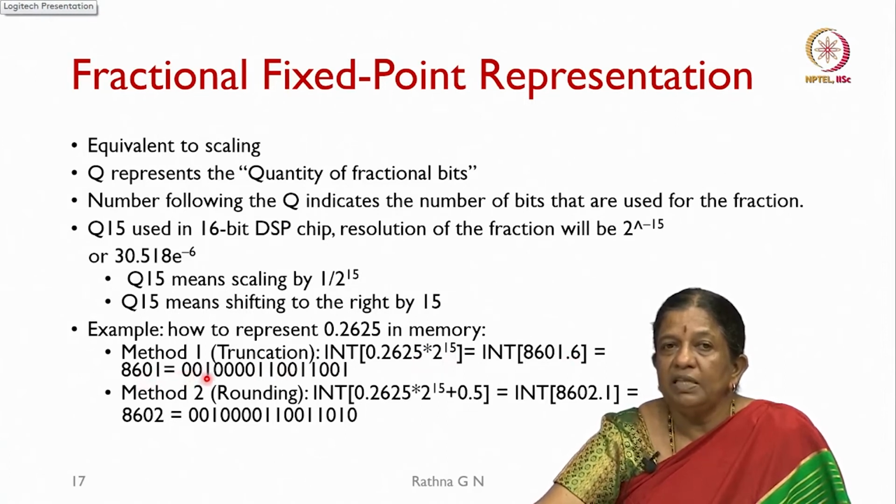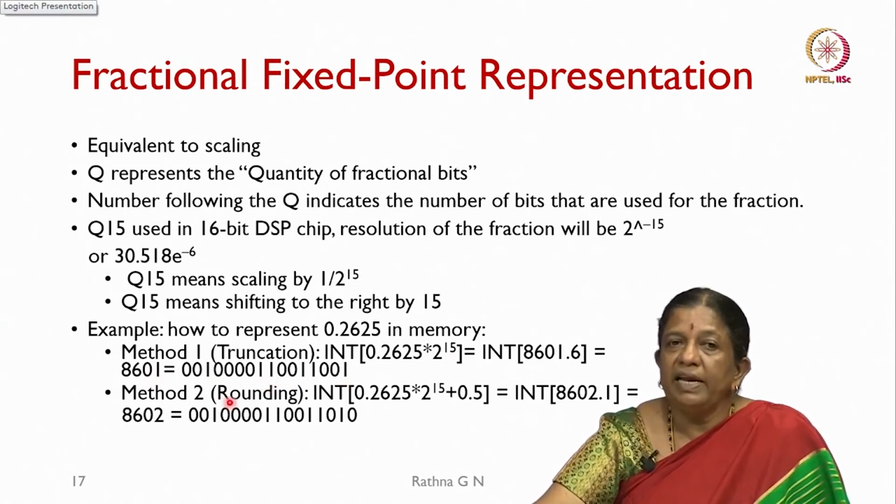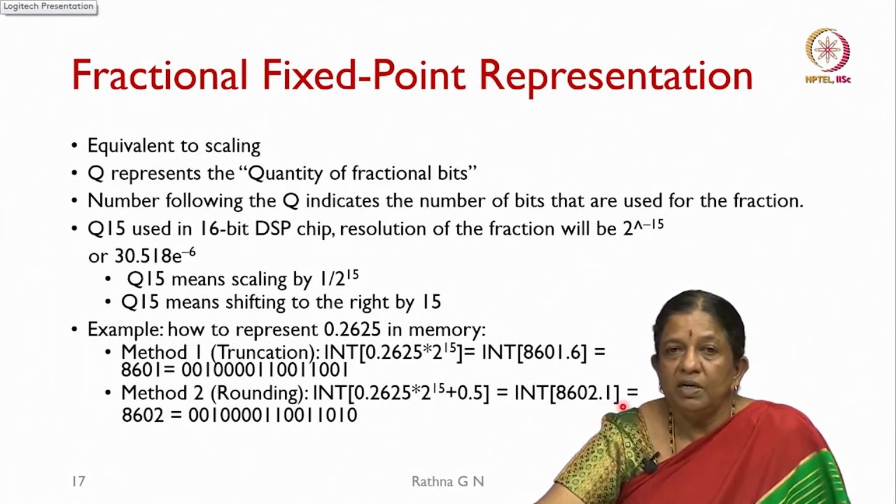So, you will be seeing this in the 15-bit binary format. And in the second case, we can do the rounding. What we will be doing is adding 0.5 to the result we are getting, and then discarding whatever number comes after the decimal point.